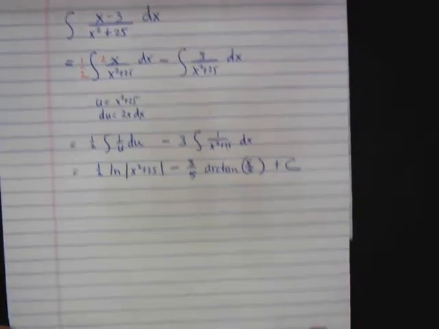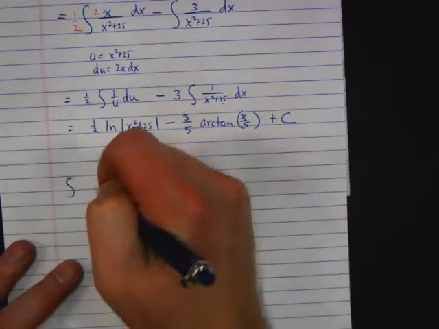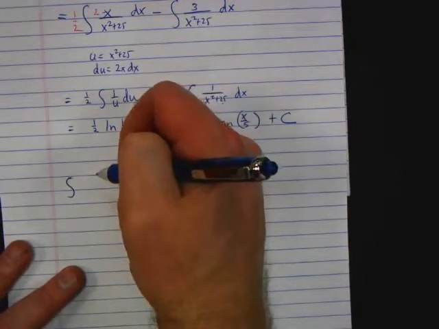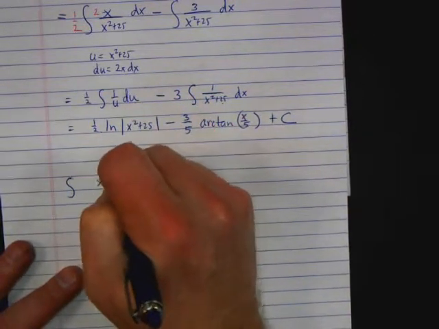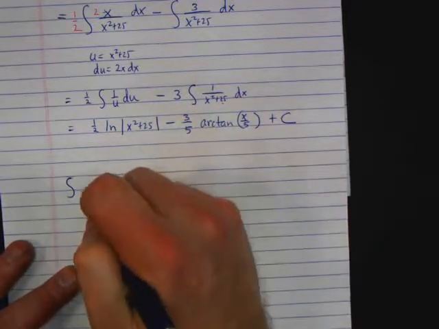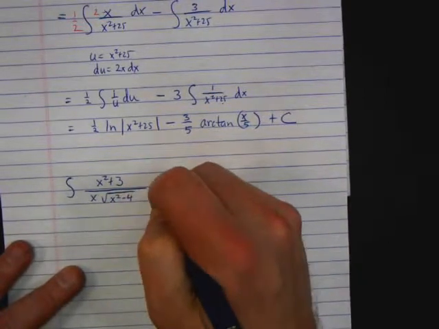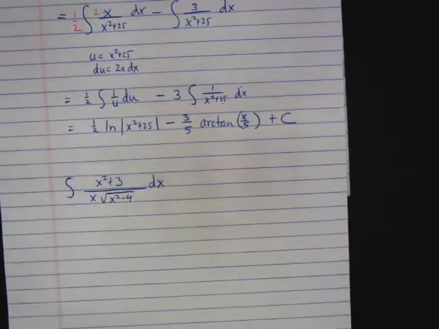All right, let's try one more for today. How about the integral of x squared plus 3 divided by x times the square root of x squared minus 4 dx.